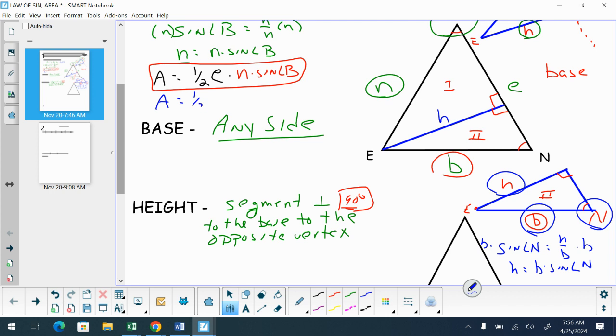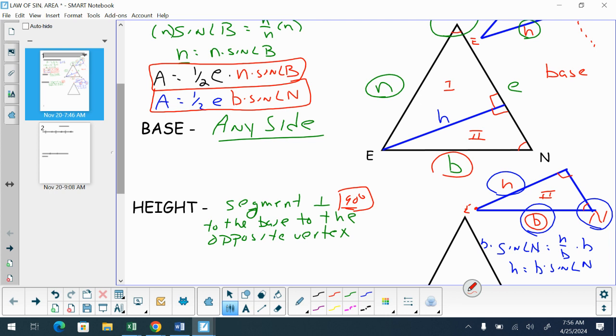Area is equal to 1/2 times, once again, our base is still E. But now subbing in, we have B times the sine of angle N. Here would be a second equation to calculate the area.